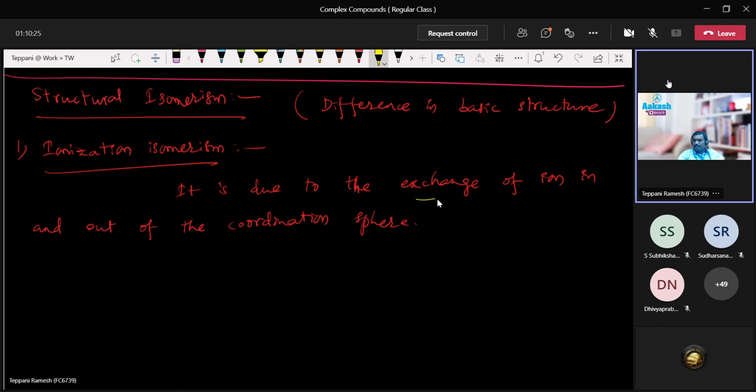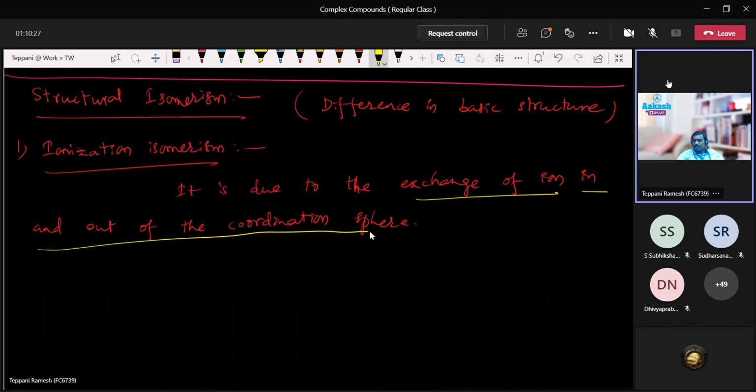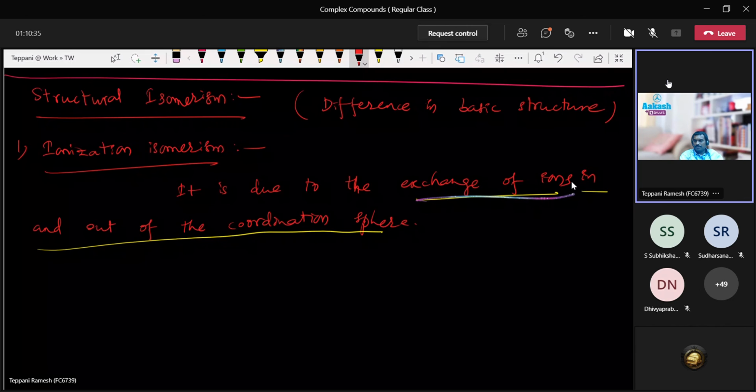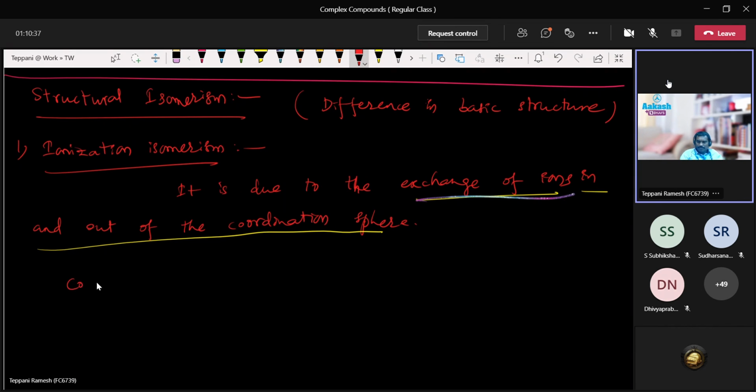Exchange of ions in and out of the coordination sphere. Very simple to answer.